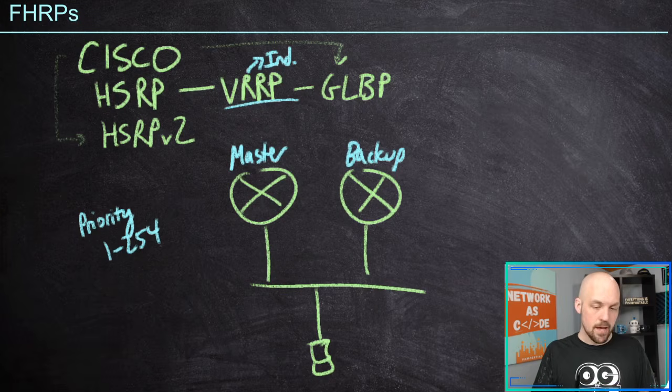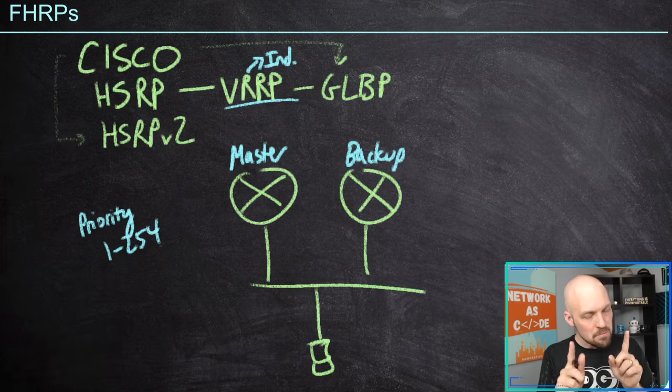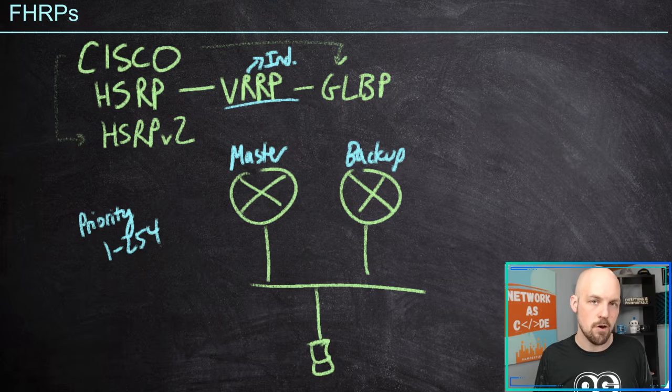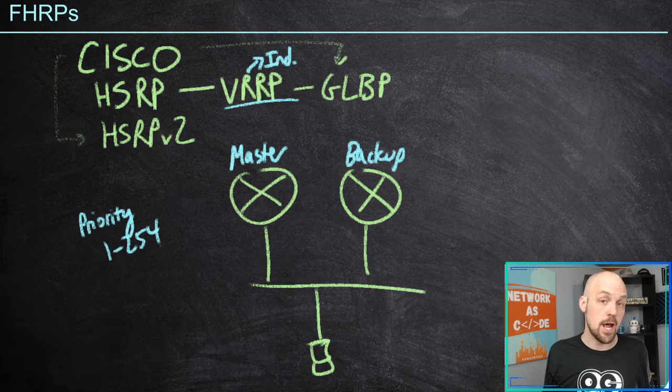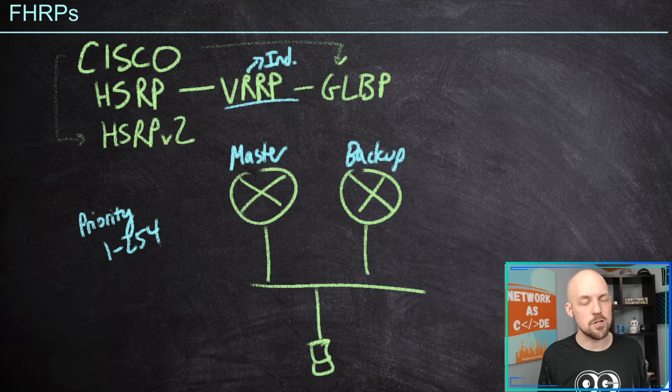All right. Here's probably the most interesting component of VRRP and the most compelling reason to use it. If you sit back and say, okay, Jeff, if I have a Cisco network, what protocol should I use? More often than not, if you're an all Cisco network, you're probably going to go with HSRP.